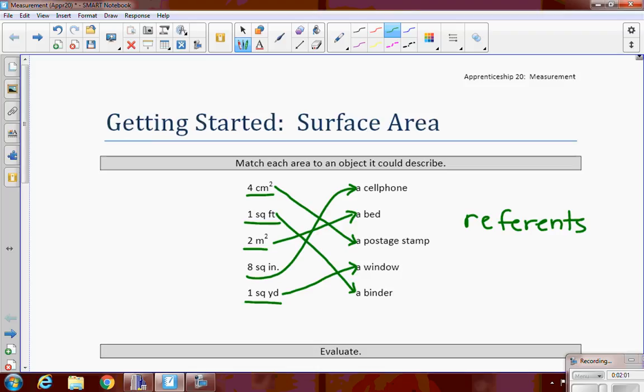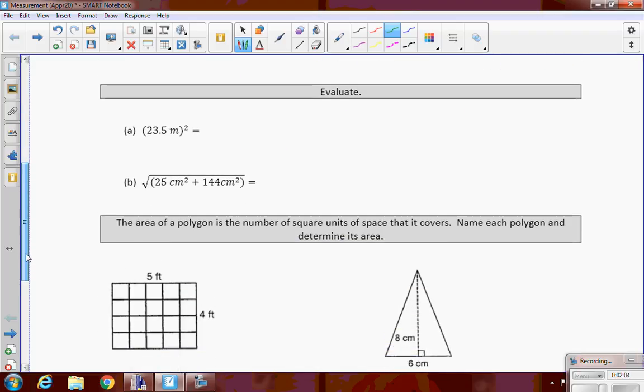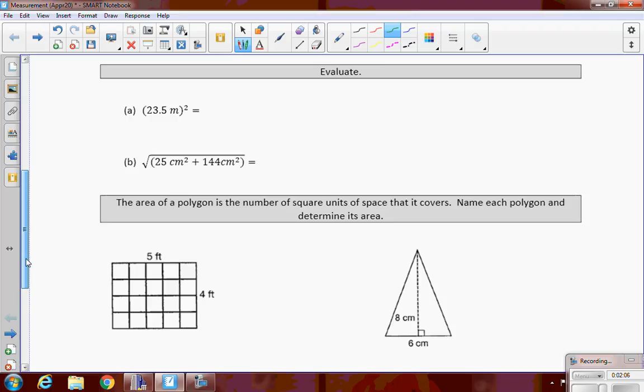If we go down to this page, here's some more stuff that you should know from other levels of math. We should know that this little thing up there, this is called an exponent, and if we were to evaluate this, that actually means take whatever is in the brackets, so 23.5 meters, and times it by 23.5 meters.